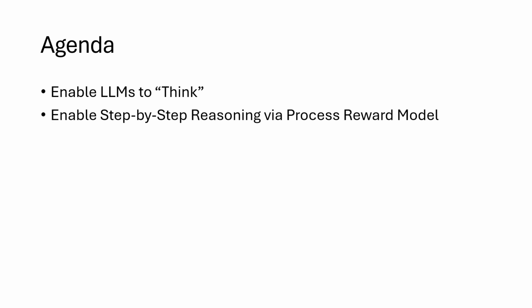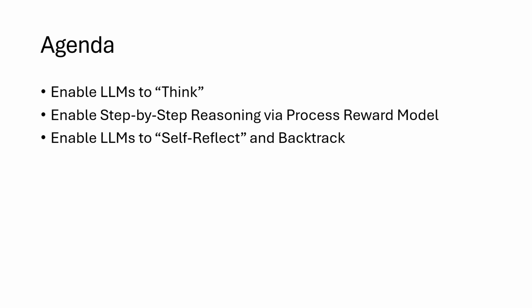Okay, hopefully through this example and these identified key features, we are now ready to go into today's tutorial. We will introduce several key technologies here. First, we will introduce how we can enable large language models to think, and how we can enable them to do more reliable, rigorous step-by-step reasoning with the help of this new technology called process reward model.